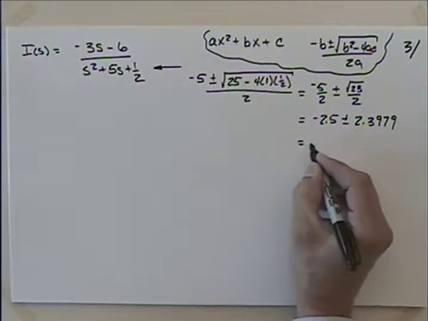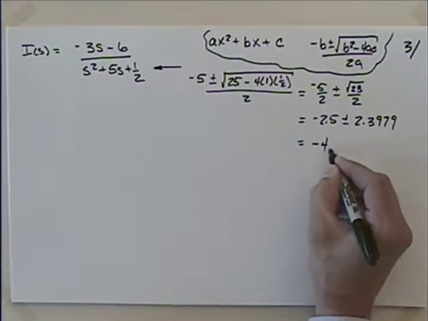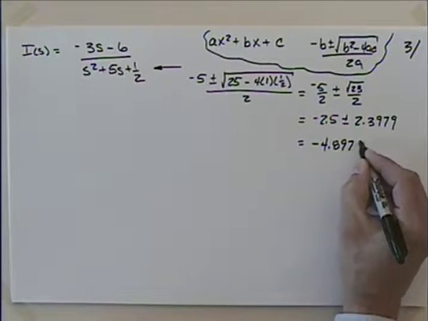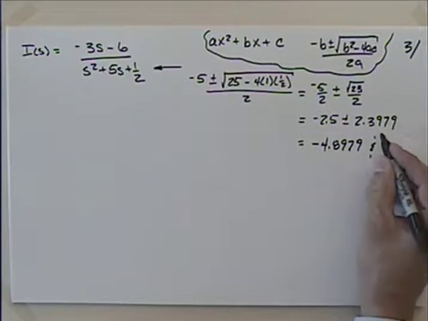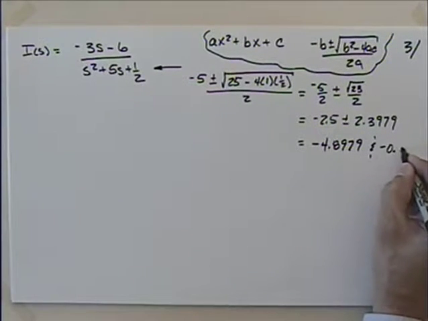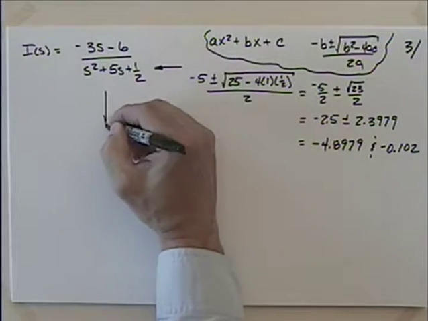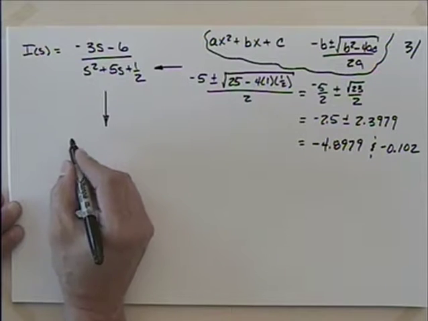So the roots are then minus 4.8979, and then when you use the addition here, you get minus 0.102.